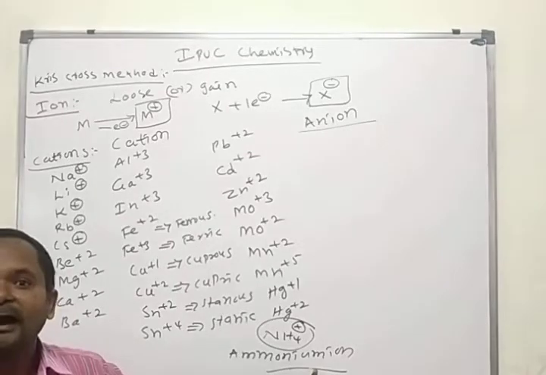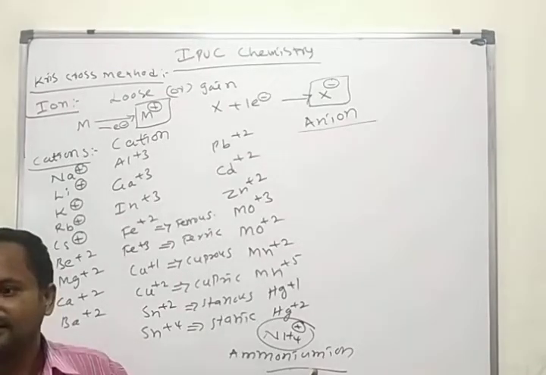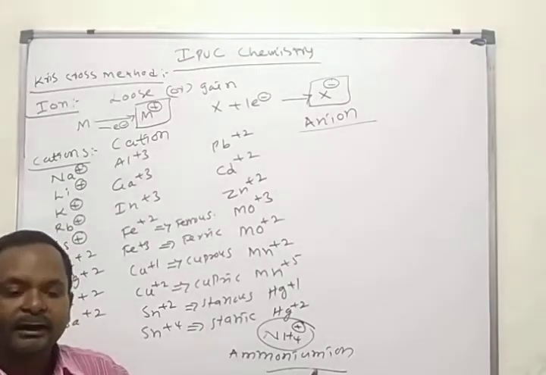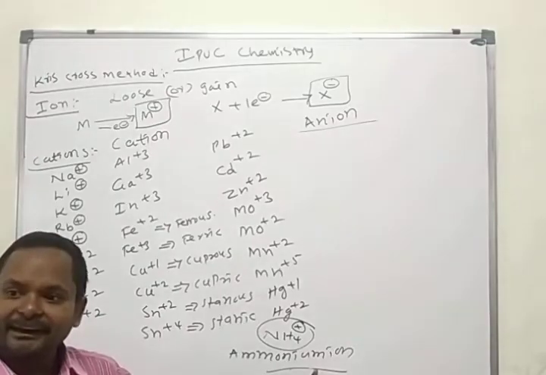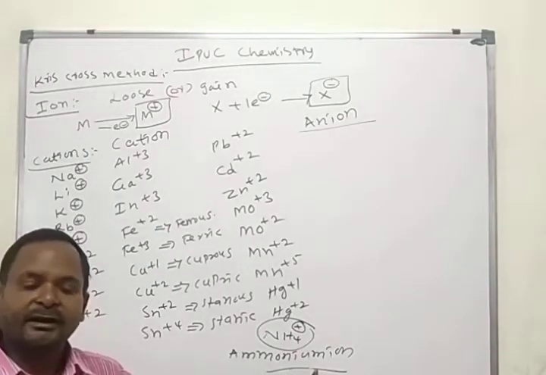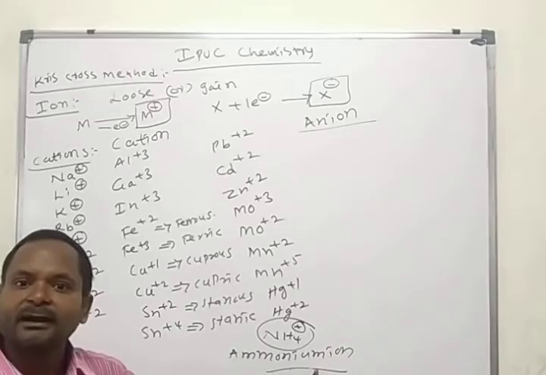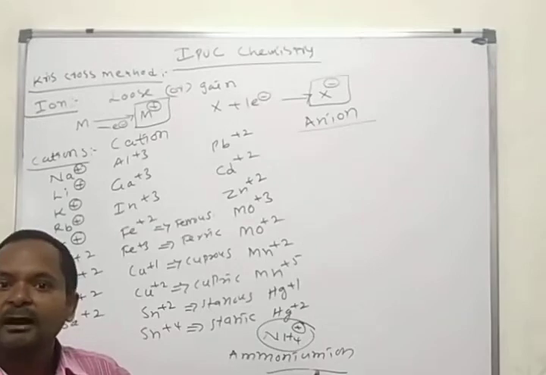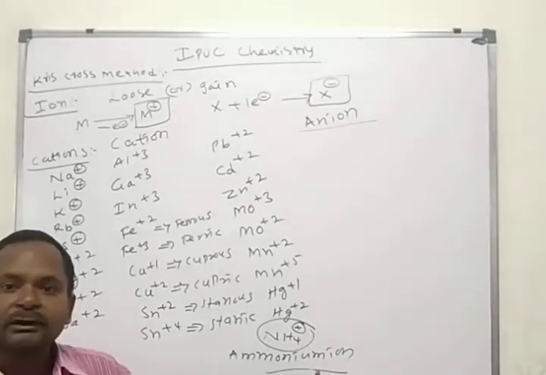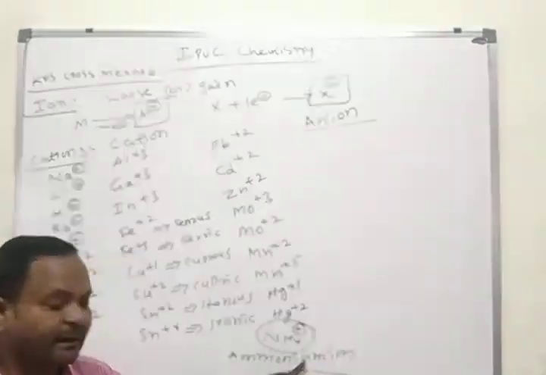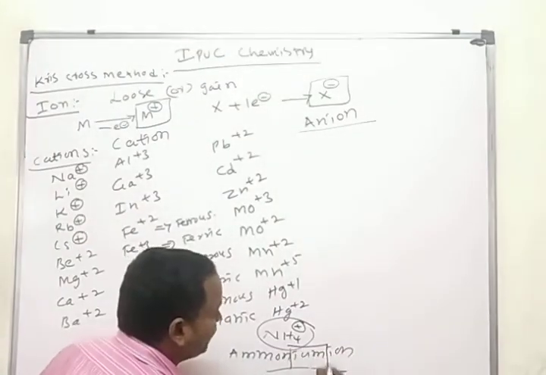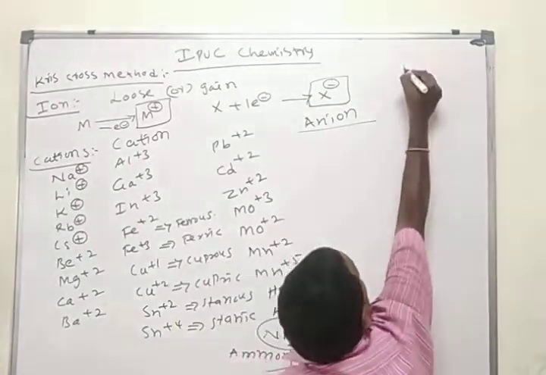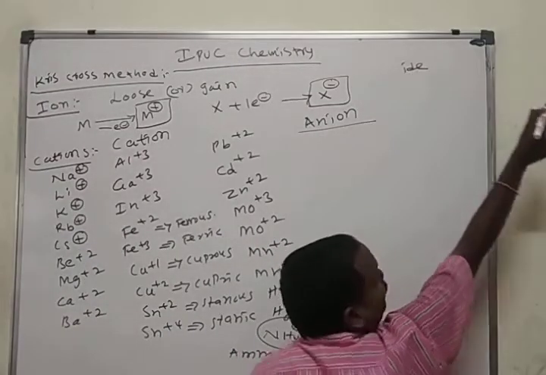All negative ions end with ide, ite or ate. Cl minus means chloride. NO2 minus we call nitrite, NO3 minus we call nitrate. That means negative ions end with ide, ite, ate, and positive ions end with ium. For example, ide: chloride, bromide, iodide.